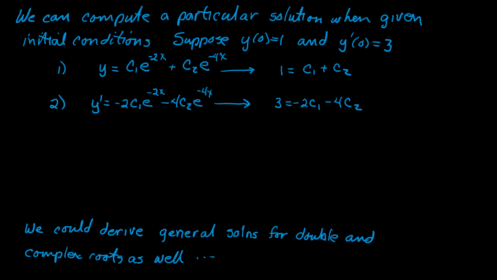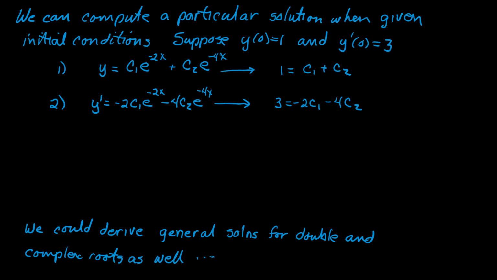So if I substitute 0 in here and 0 in there, each of those factors is e raised to something or other times 0, so it's e to the 0, which is just 1. And what that gives us is the situation where we have 1 plus C1 plus C2.